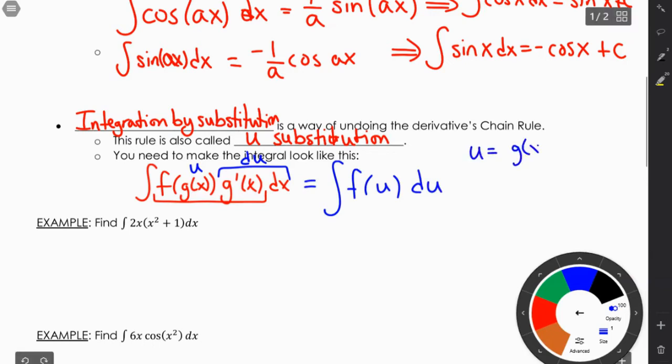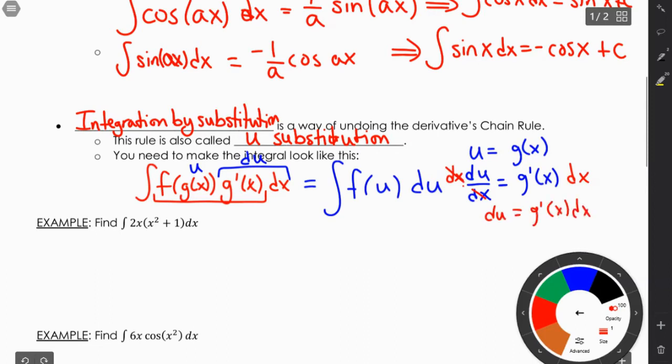The basic steps: say u equals g of x. Then du dx equals g prime of x, and we solve for du, so du equals g prime of x dx.